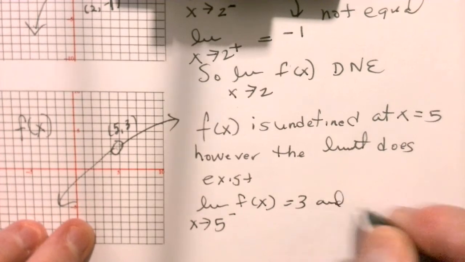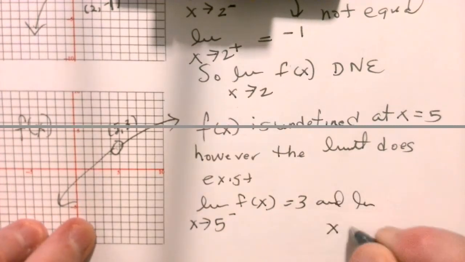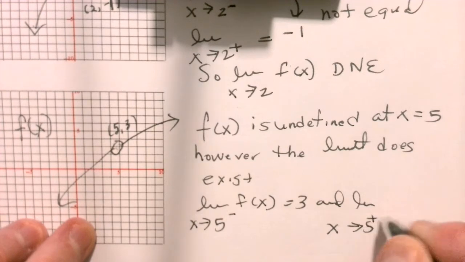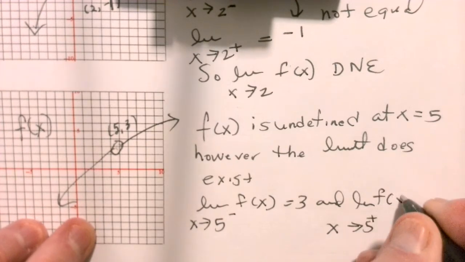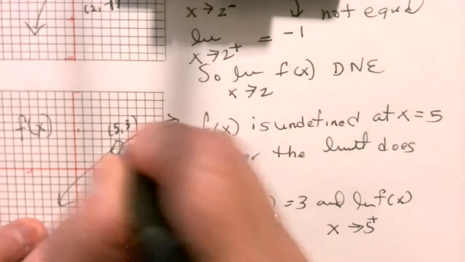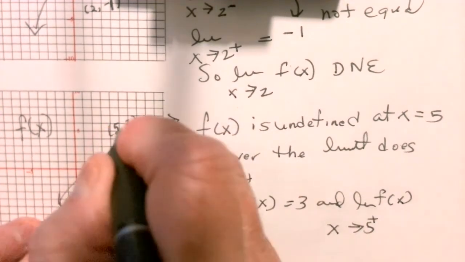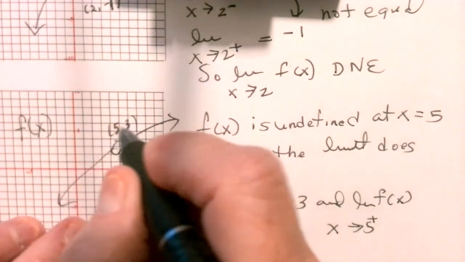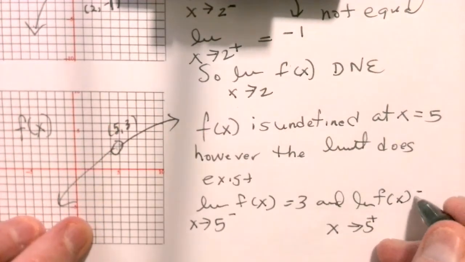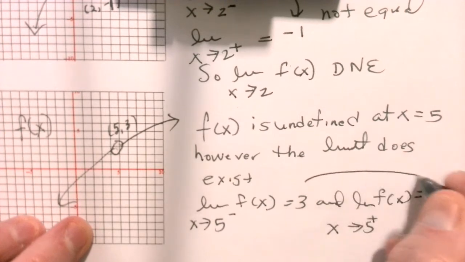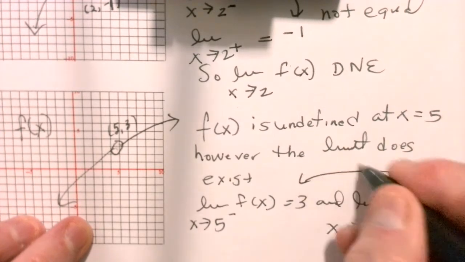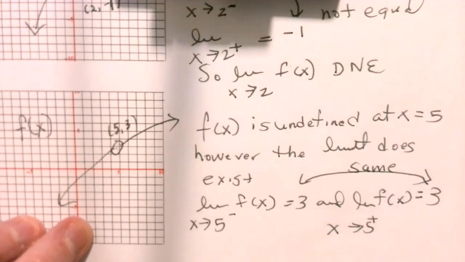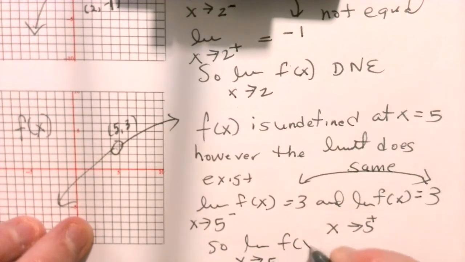And the limit as x approaches 5 from the right of f of x, coming in from the right, we're talking about the y value, because we say, what is the function getting closer to? That means the y value. It's also equal to 3. These are the same value. So the limit as x approaches 5 in general of f of x is equal to 3.